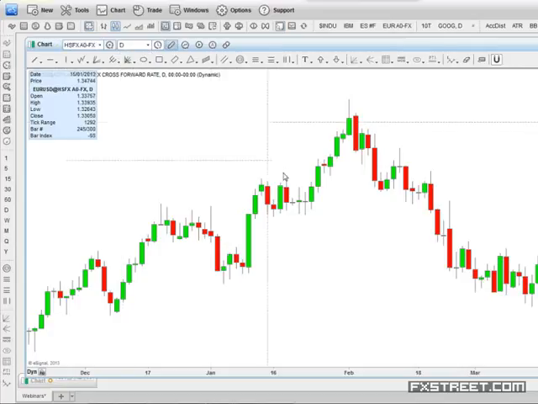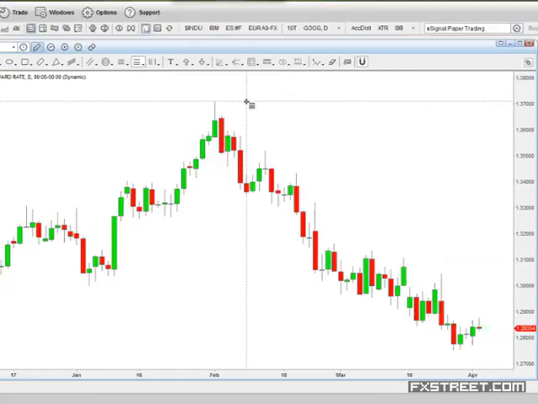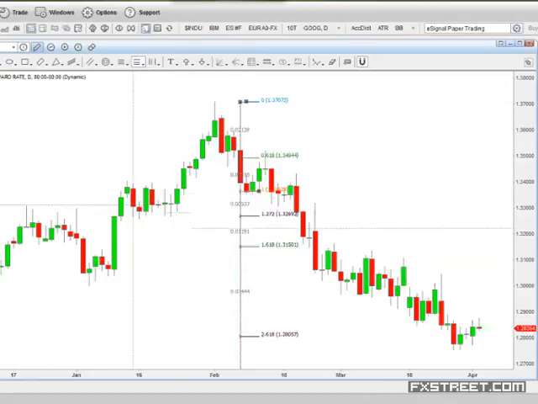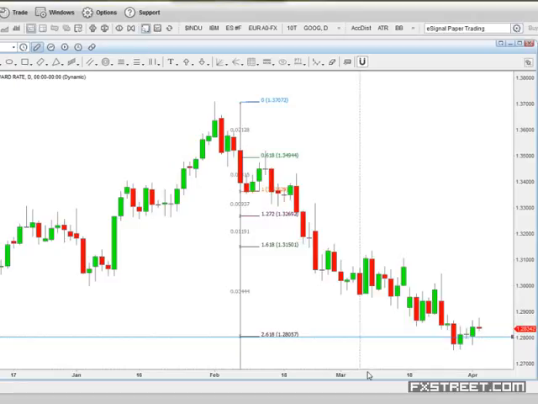Okay, I'm going to show you something on the daily here, then we're going to go back to the weekly to try and work out where price action is going to, whether or not it's worth a buy or a sell trade. So here we've got the 261.8% extension level.